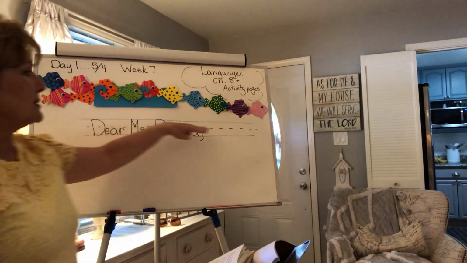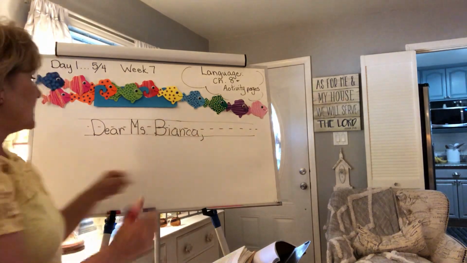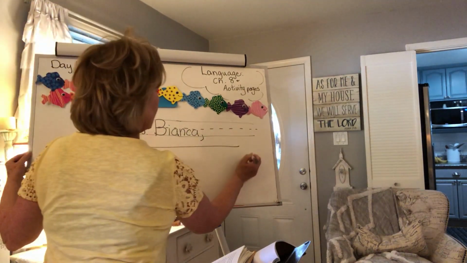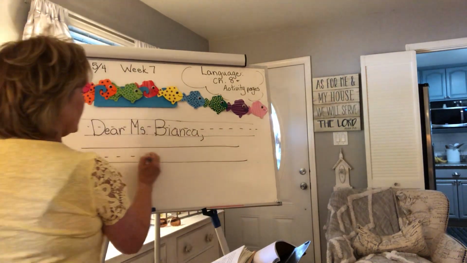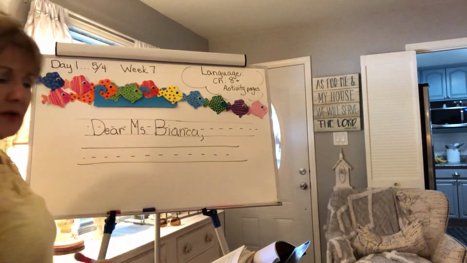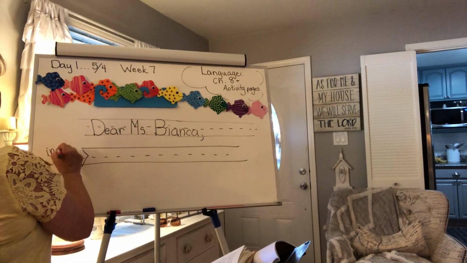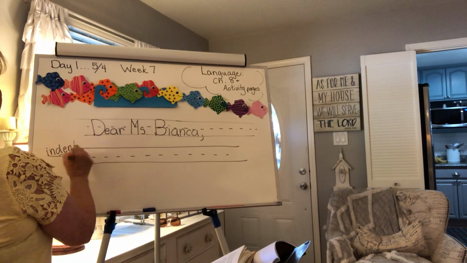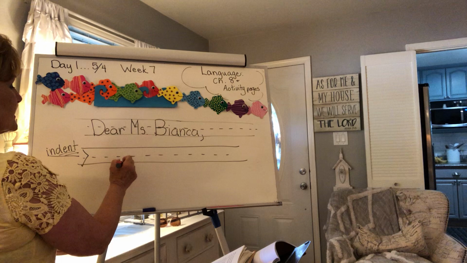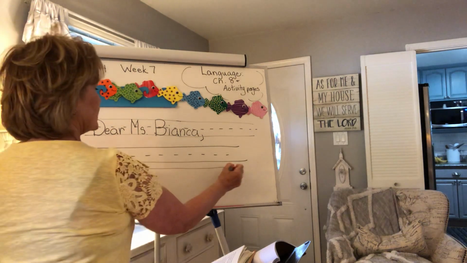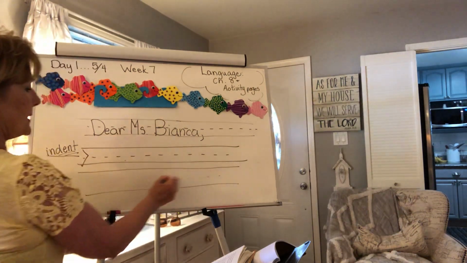Then remember, we don't write on that line. You go down to the next line, okay? And if you really do it correctly, you indent. That's a big deal, okay? You indent your paragraph, so you start right here. You don't start against the edge, all right?